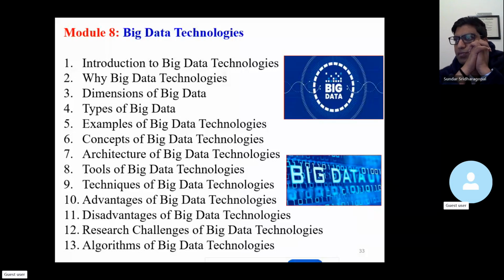What are the concepts of big data technologies, and what is the architecture, tools and techniques, and what are the advantages and disadvantages, and what are the research challenges, and what are the algorithms of big data technologies. Those things I'm going to demonstrate in this big data technology module 8.